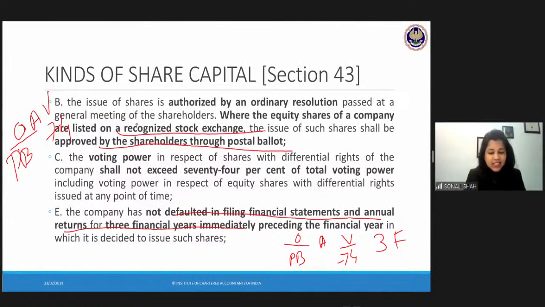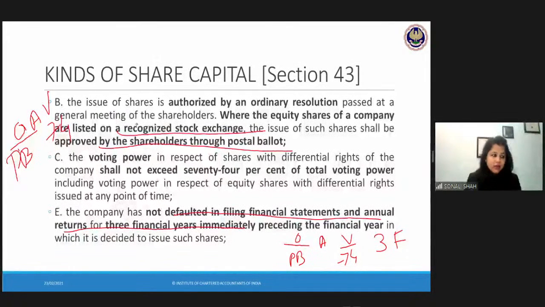The maximum total voting power that can be associated with DVRs is 74% of the total voting power, which includes voting power in respect of DVRs that were issued at any point of time. So over the life of the company, at no point of time can the voting power associated with DVR be more than 74% of the total voting power.